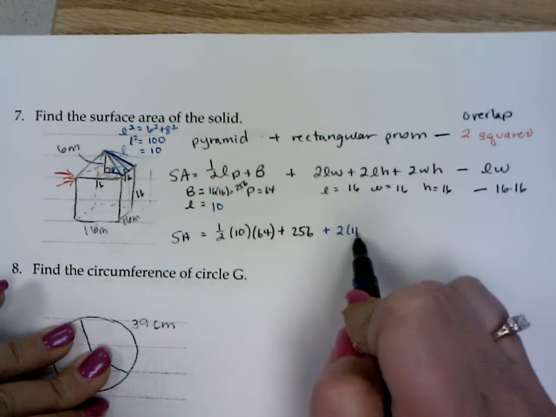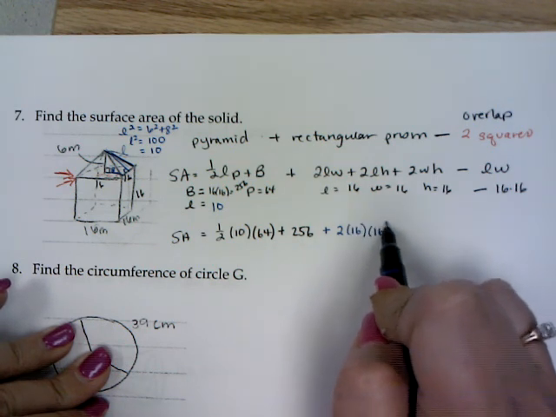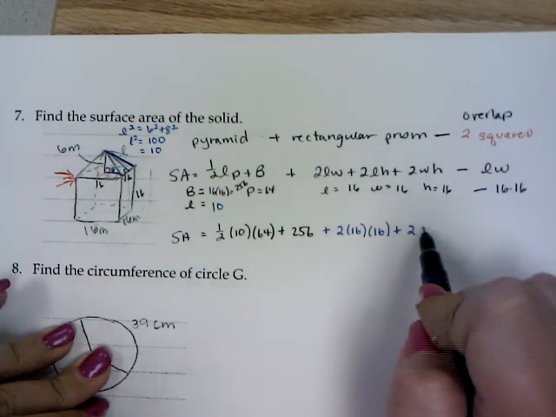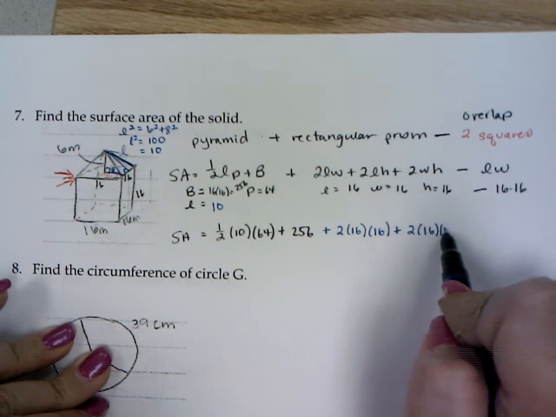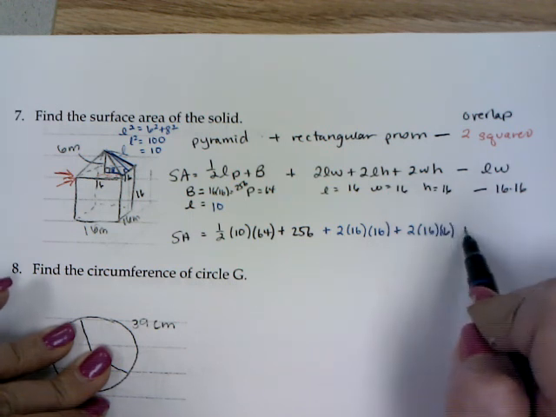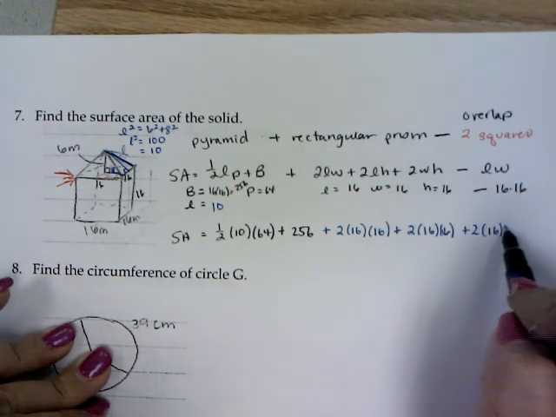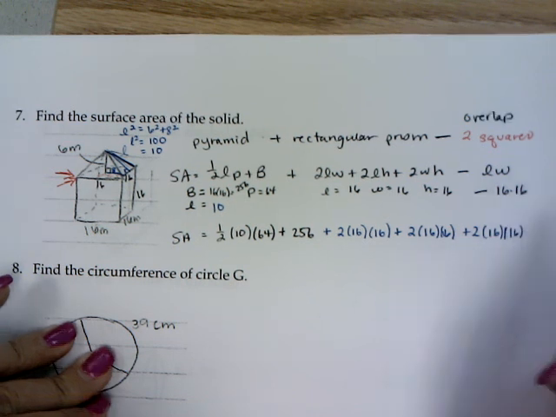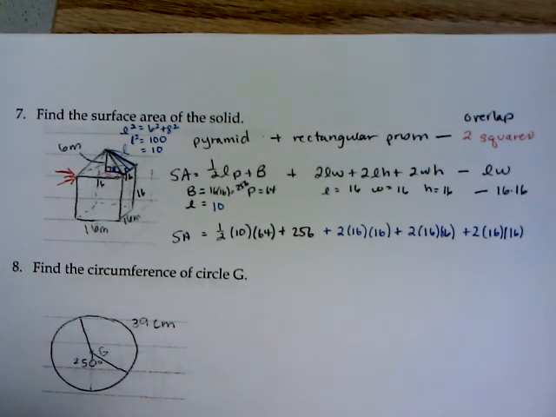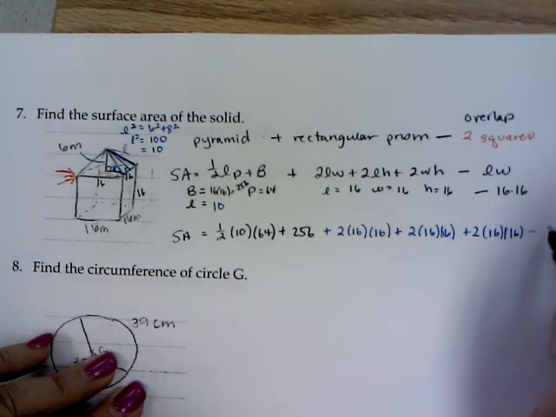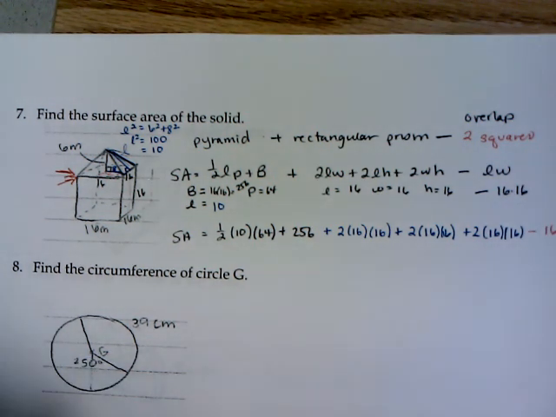So it's 2 times 16 times 16 plus 2 times 16 times 16 plus 2 times 16 times 16. And from that, I'm subtracting out the 16 times 16 for the base of the pyramid.